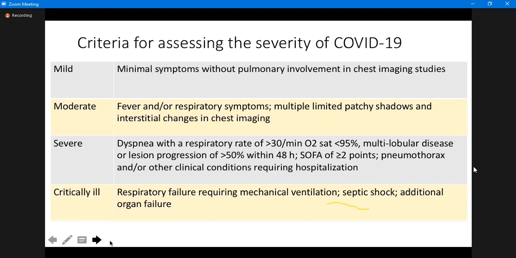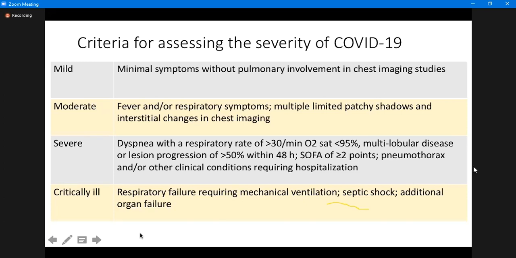Right. So this is the classification of COVID: mild, moderate, severe, and critical. Let's concentrate on the severe because mild and moderate we already know. So dyspnea with a high respiratory rate, low saturations, multilobar disease, or disease progression of more than 50% within 48 hours. That means rapidly progressive disease, that is severe.